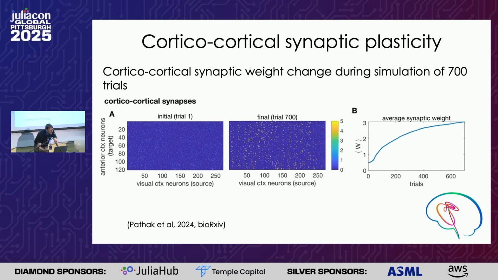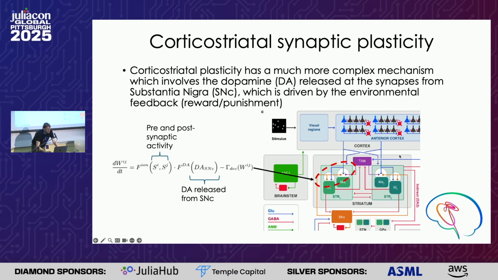And then you do learning cycles. For example, here you can see the average synaptic weight increases as the functional trials go on. Initially you have weakly connected neurons, and then every trial the weights are increased by a certain rate, and you see an increase in average weight every single time you run this through.